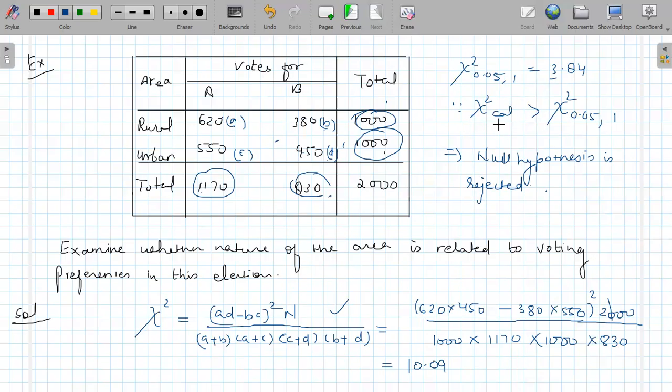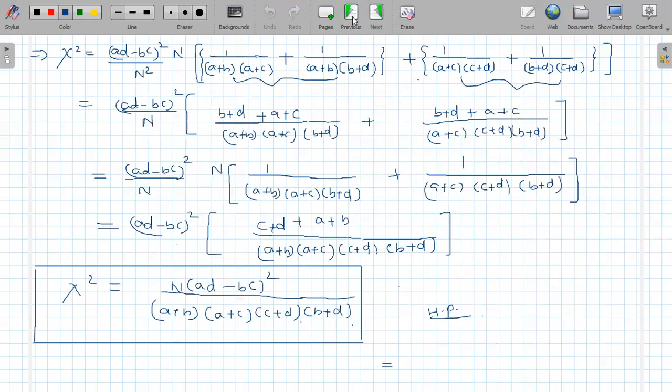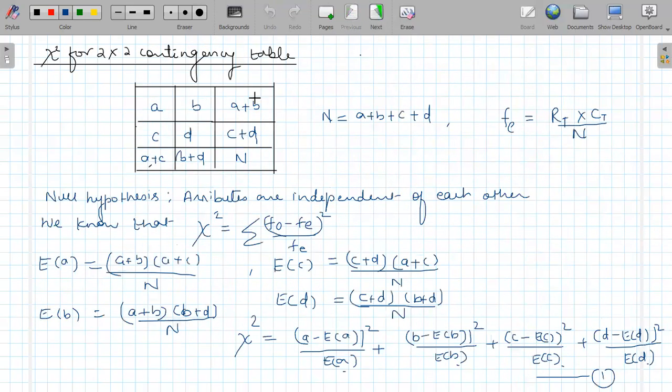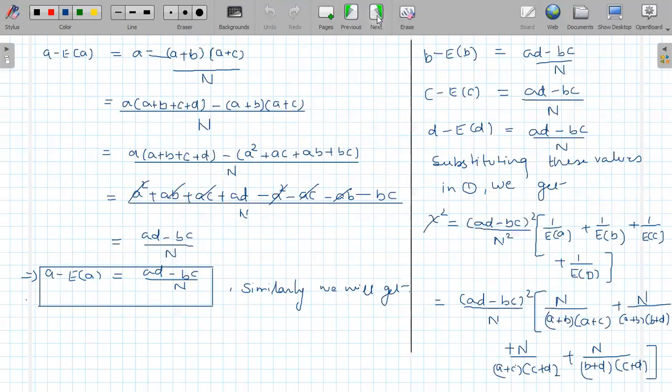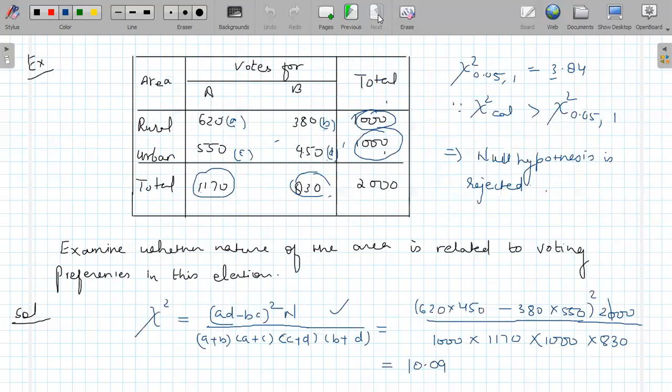We just check that if the calculated value is greater than the tabulated value, then the null hypothesis is always rejected. What does the rejection of the null hypothesis mean? What did we take in it? Null hypothesis that attributes are, sorry, this is the next problem. Here we have to check that the area is related to the voting preferences for a particular person.